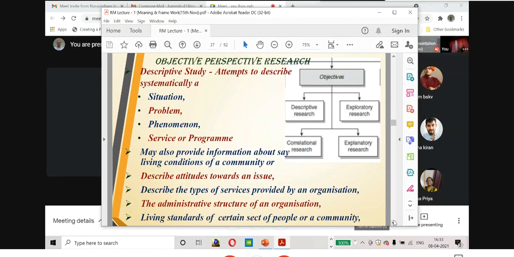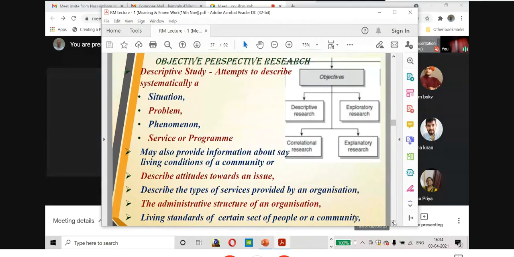So that means you understand the problem and you describe it. You explain the problem. It may also provide information about, say, the living conditions of a community, or describe attitudes towards an issue, the types of services provided by an organization, the administrative structure of an organization, or the living standards of a certain set of people.